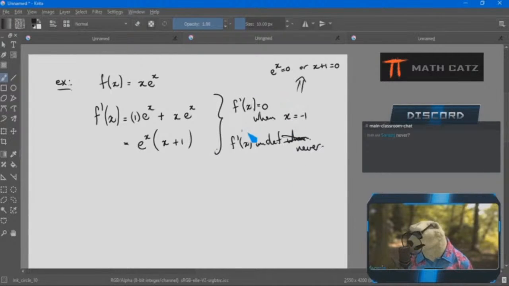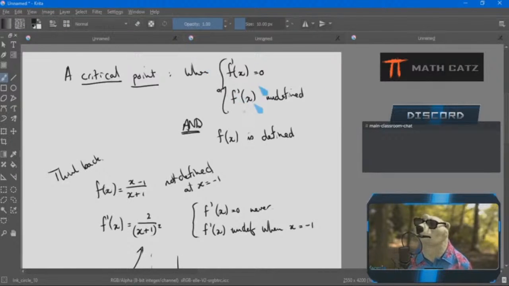So the only point of interest in terms of increasing, decreasing behavior is x equal to negative 1. I'll call this my potential critical point because I've done half of the check. I've done the top part.